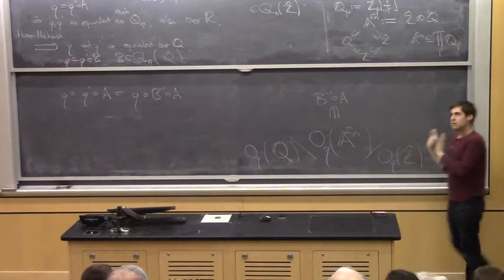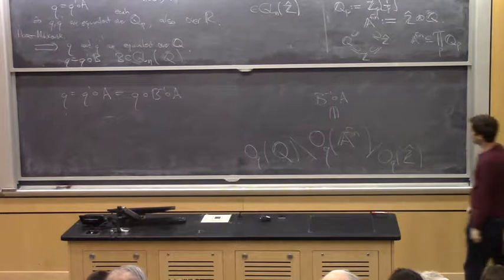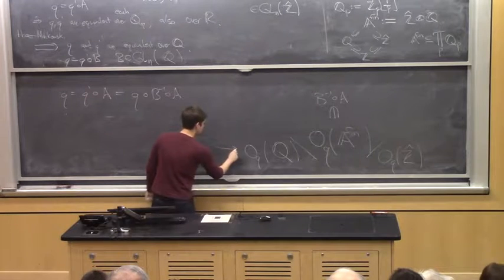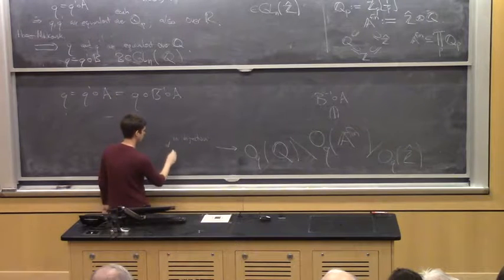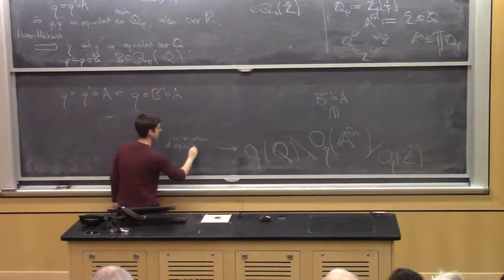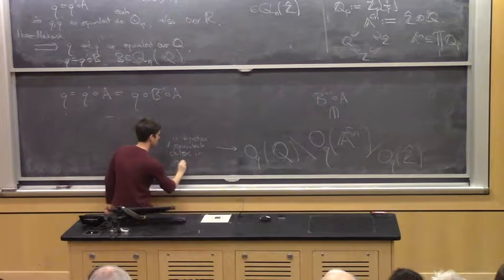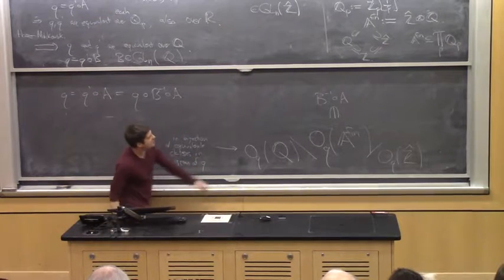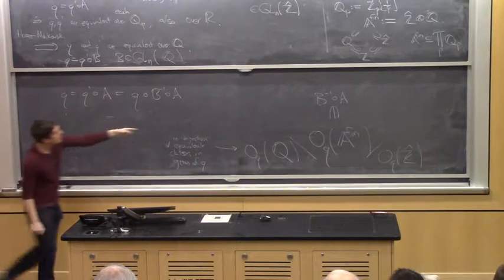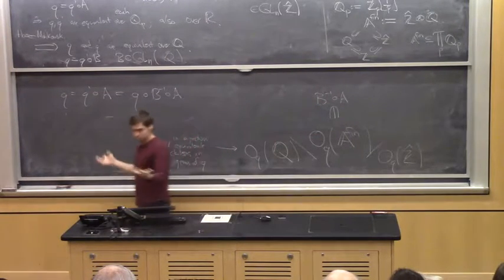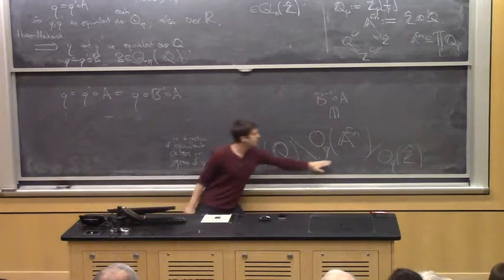Now, if you take that argument and go through it a little bit more carefully, it actually proves something stronger. What it proves is that this collection of double cosets is in bijection with equivalence classes of quadratic forms in the genus of Q. If you regard Q as fixed, so this set is fixed, then the construction, which starts with Q prime and makes this double coset, gives you a bijection between the equivalence classes of possible Q primes and the set of double cosets.